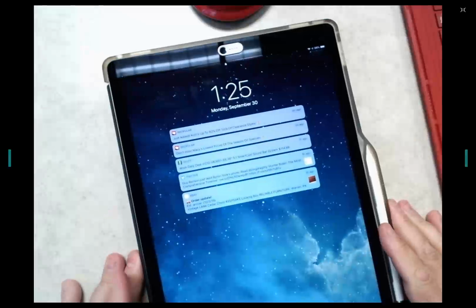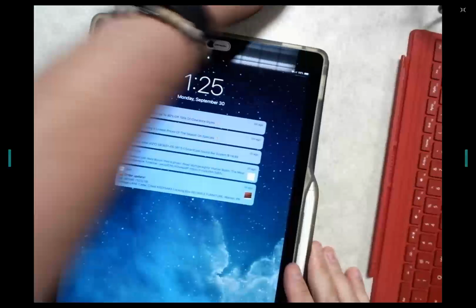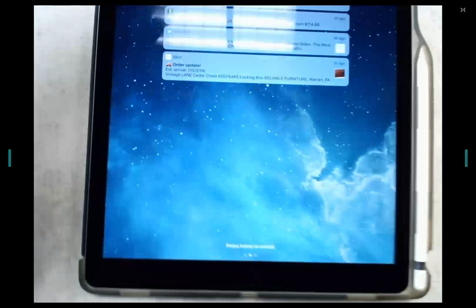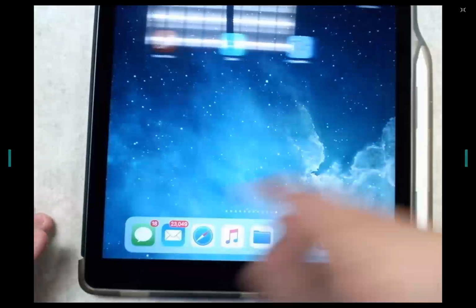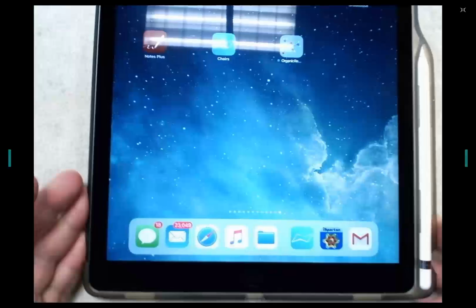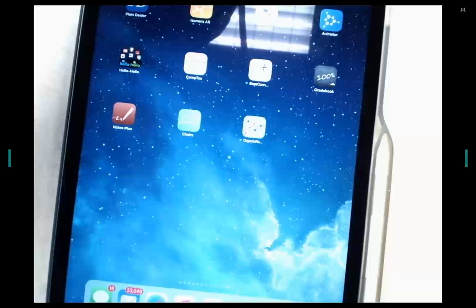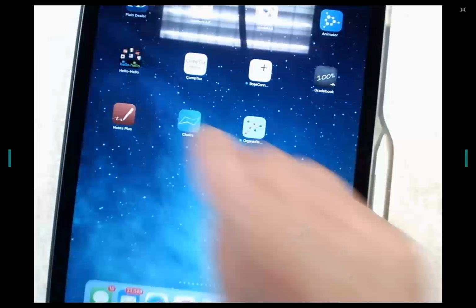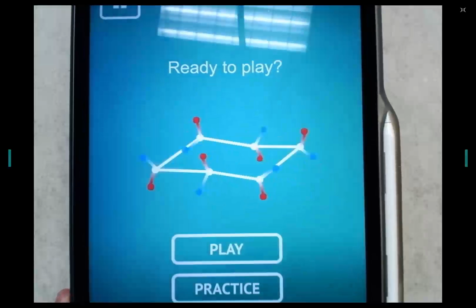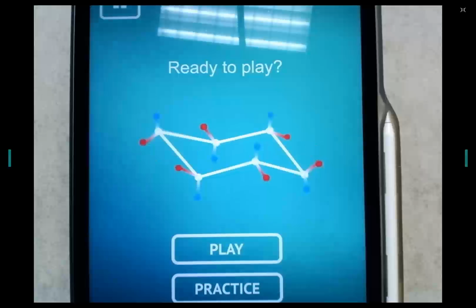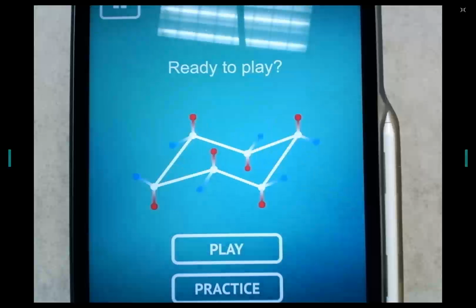Let me show you the ring flip here as an animation. There is a 99-cent app for both Android and iPhone called Chairs.